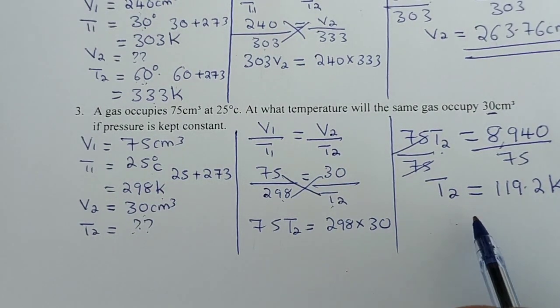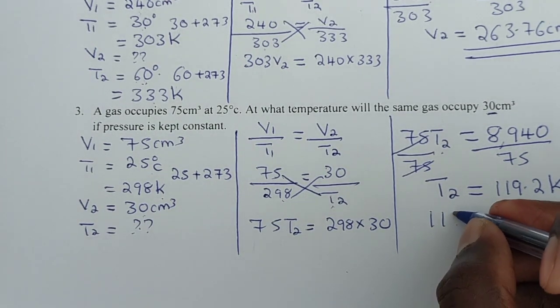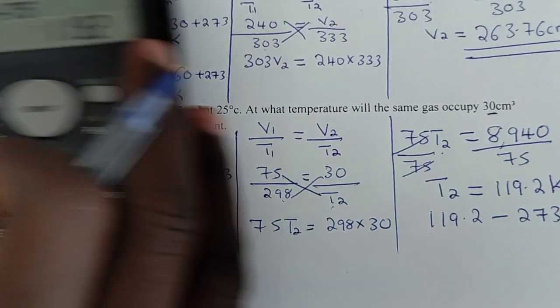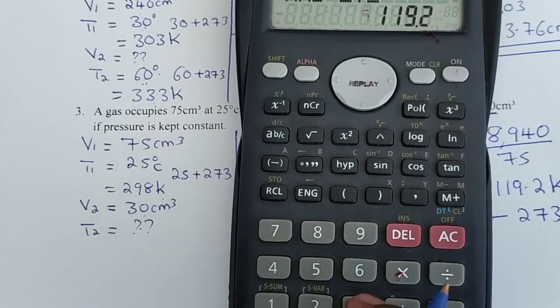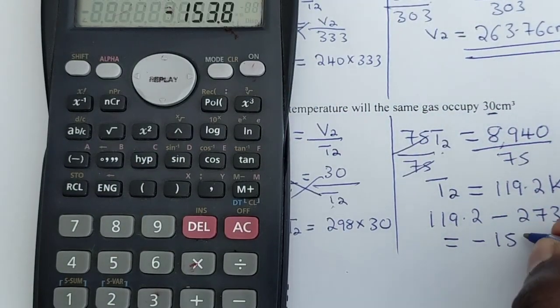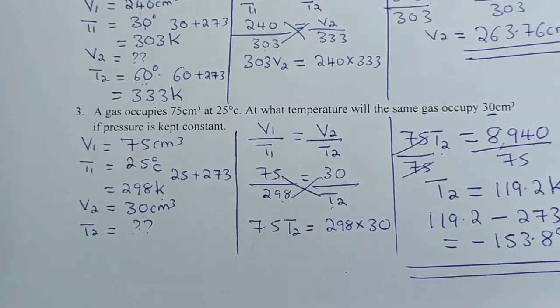If we want to change this Kelvin to degrees Celsius, always from Kelvin to degrees Celsius, you subtract 273. We have 119.2 minus 273. What are you going to have? Negative 153.8 degrees Celsius. And that is our calculation.